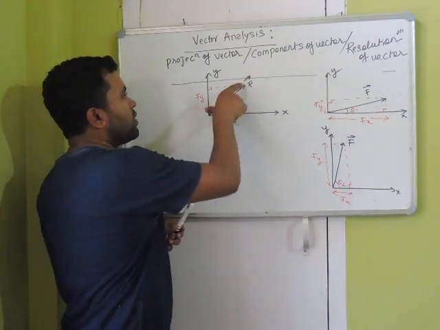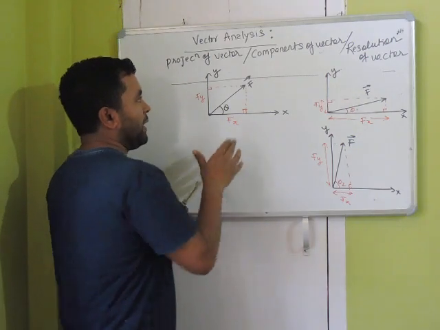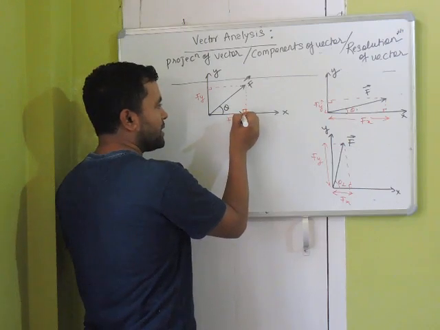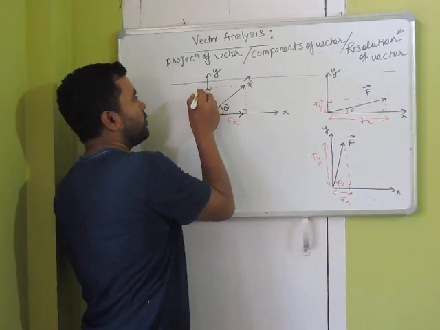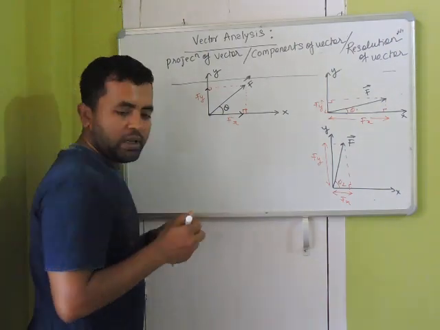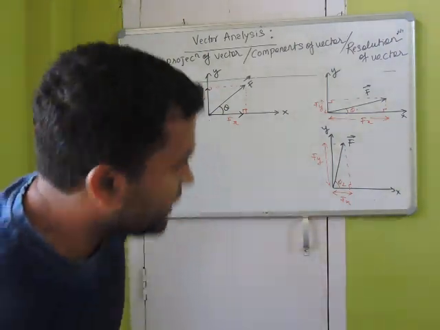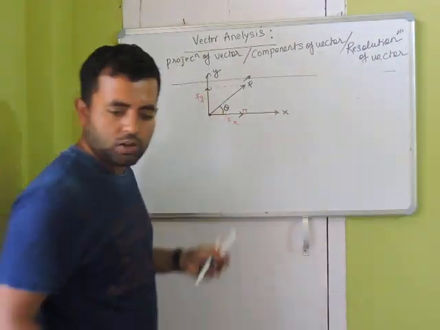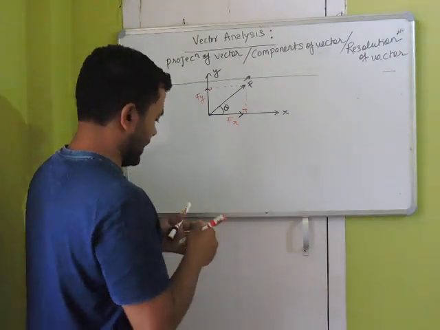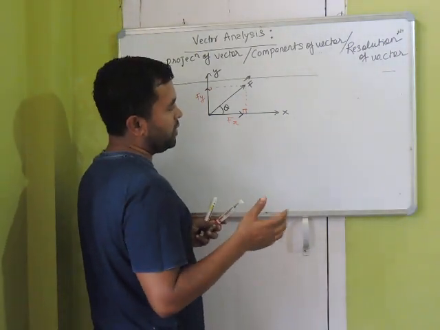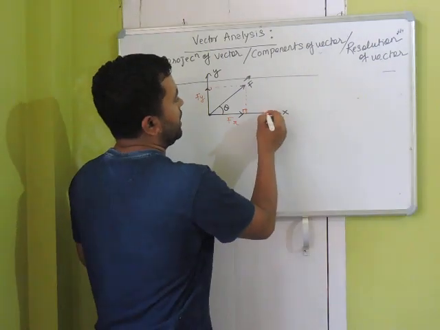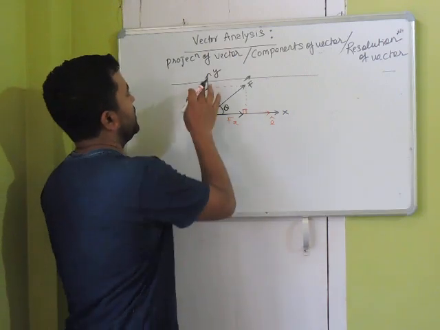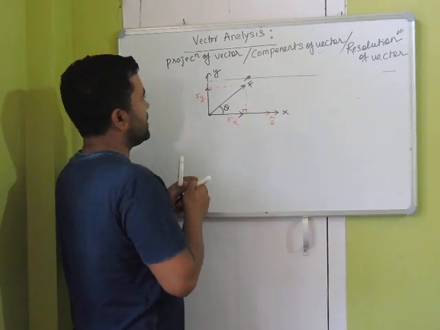Once I resolve the vector, you can forget about it and imagine that the Fx force is acting in this direction and the Fy force is acting in this direction. Now how do we represent that? If you remember the triangle rule, in the last lesson I told you that along the x-axis i cap is the unit vector and along the y-axis j cap is the unit vector.